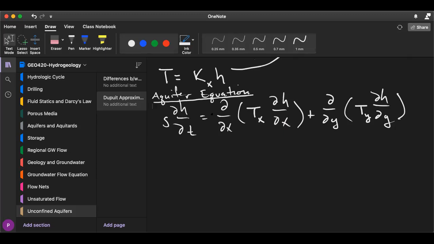It has changed over the years, but the original MODFLOW code solved this equation. And this is still how most people model groundwater systems. So this is probably the most used groundwater equation, and the reason why is it can be used both for a confined and an unconfined aquifer. You just need to know the thickness of the aquifer and the hydraulic conductivity.